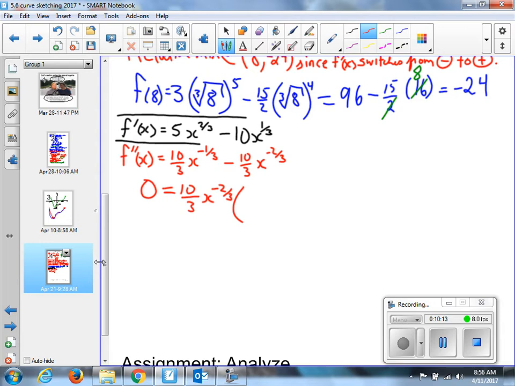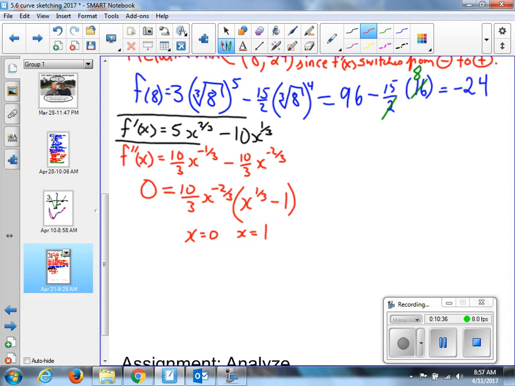So you get x to the 1/3, subtracting 1. This one's a little quicker to find your possible inflection points. I've got x equals 0 and 1. The cube root of 1 minus 1.